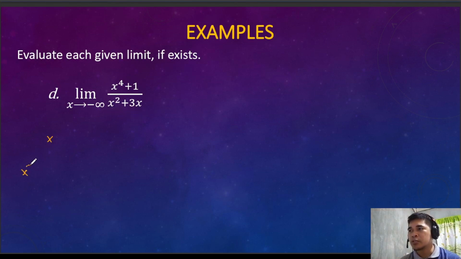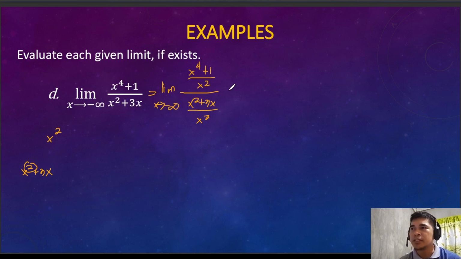So we have x squared plus 3x. The degree of the polynomial is 2. So it is x squared there. So we divide the numerator and denominator by x squared. So x to the fourth power plus 1 over x squared, all over x squared plus 3x over x squared, as x approaches negative infinity.